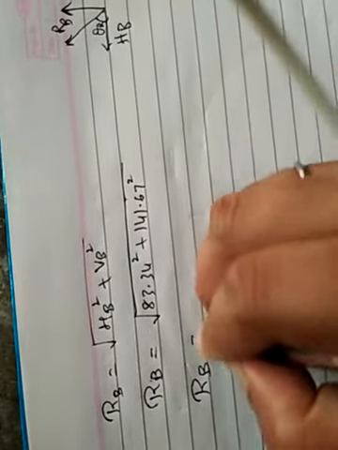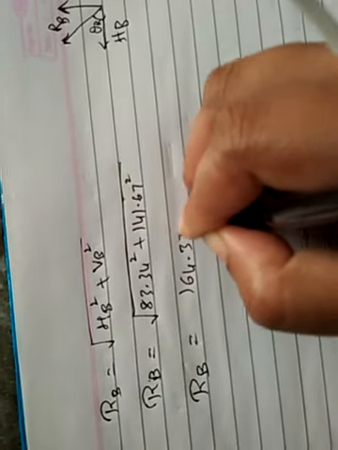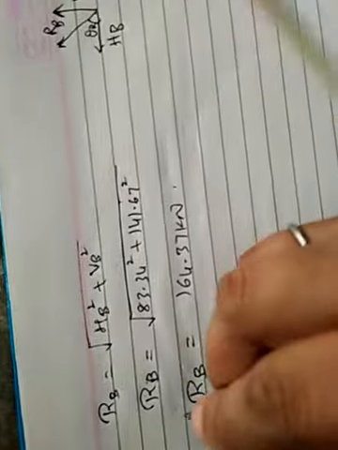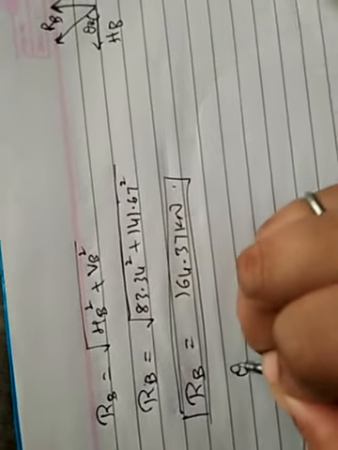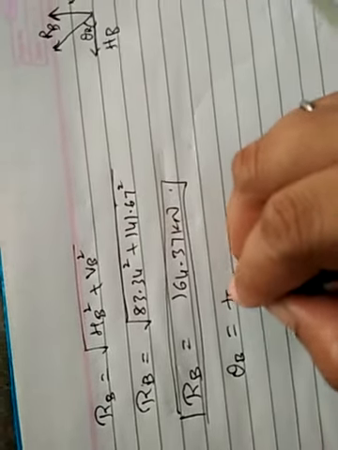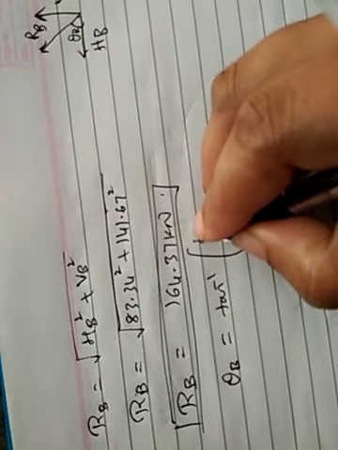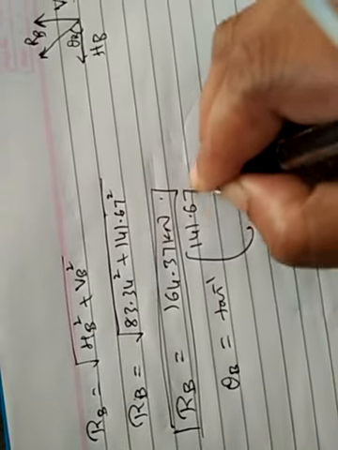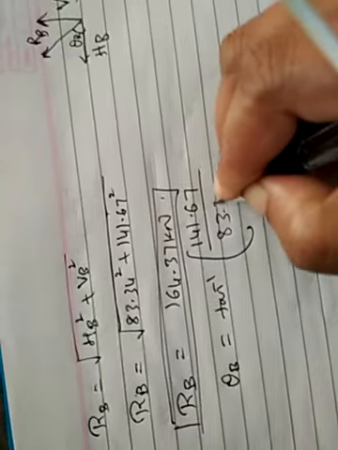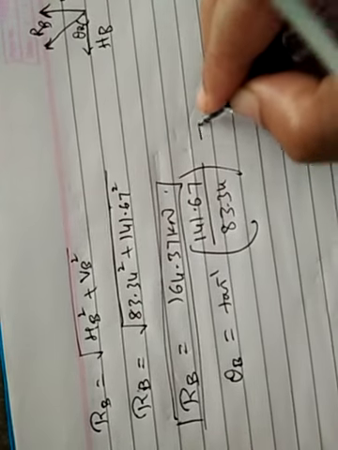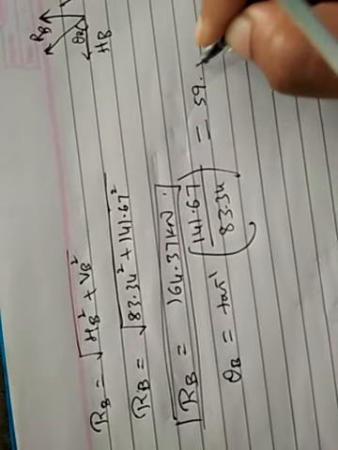Therefore, RB is equal to 164.37 kilonewton. In the same way, theta B is equal to tan inverse of 141.67 divided by 83.34.